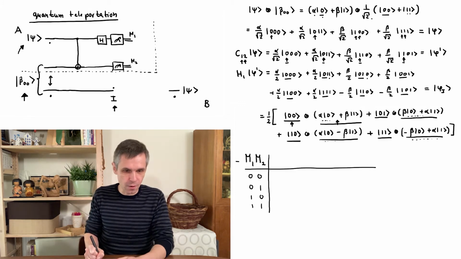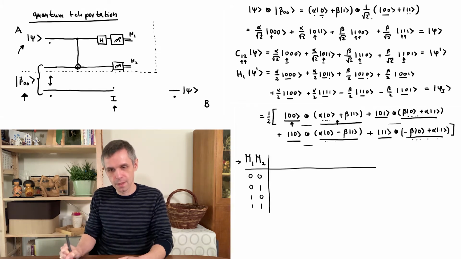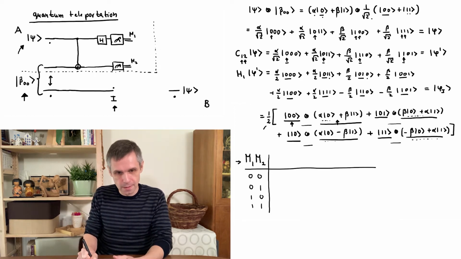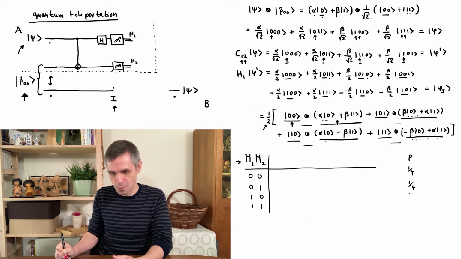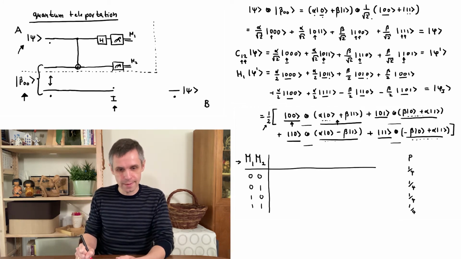So these are the 4 possible measurement outcomes, and they simply correspond to these 4 different states here. Well, all of these states are indeed normalized, and they're all multiplied by this factor 1/2 here. So first of all, we recognize that all these measurement outcomes occur with the same probability 1/4. And then the measurement is also forcing the quantum system into the corresponding state, depending on the measurement outcome.